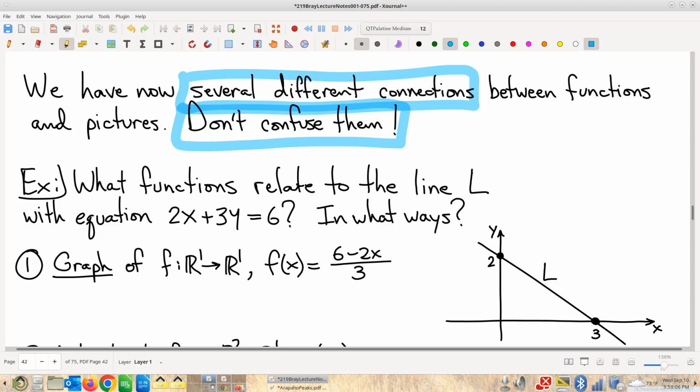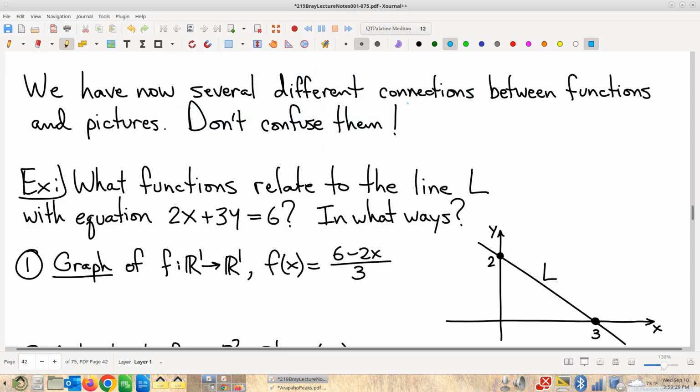So you get accustomed to just assuming that every picture is the same kind of picture, because in single variable calculus they are. And it's so easy to just say, picture, graph, come on, it's all the same stuff. So you've got to be really careful not to do that in this class.